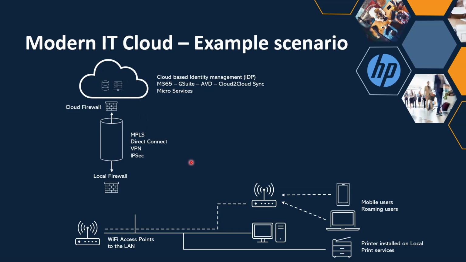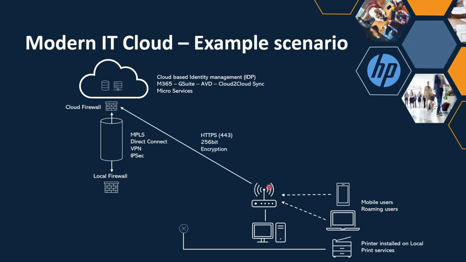But when we come back to the effect on the local infrastructure, it's meant that the local infrastructure is gone. I just need internet access now. Even when I locally log in to my devices, my authentication service is provided to me via the internet. Things like multi-factor authentication and single sign-on solutions are all now provisioned to me via HTTPS.